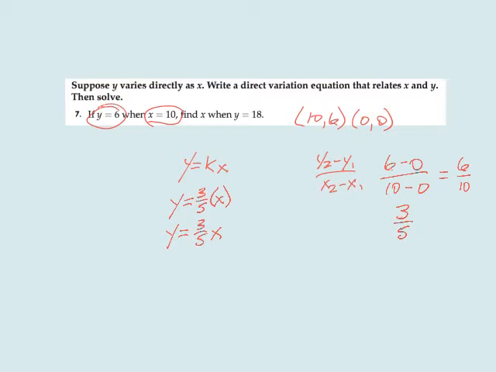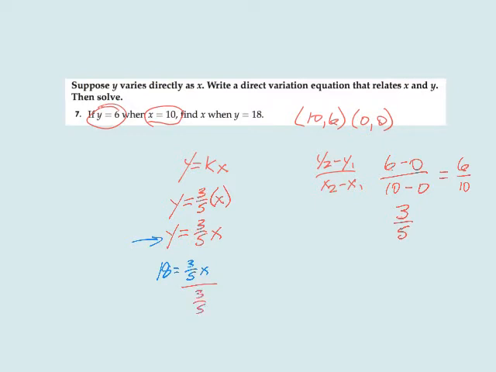Okay, now I'm supposed to find out what x is when y is 18. So I have to put 18 in for y. So I'll put 18 equals 3/5 of x. Now to solve this equation, I've got to get x by itself, so I'll divide by 3/5.